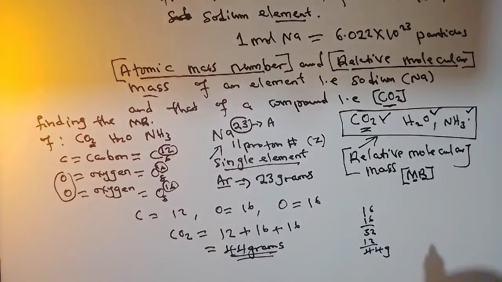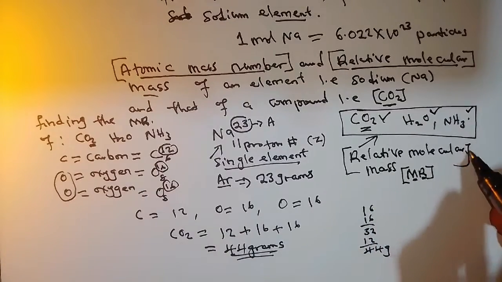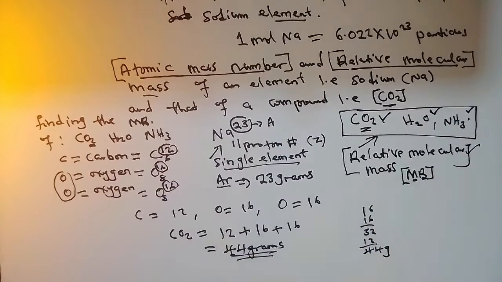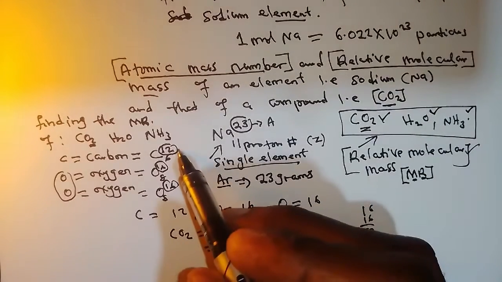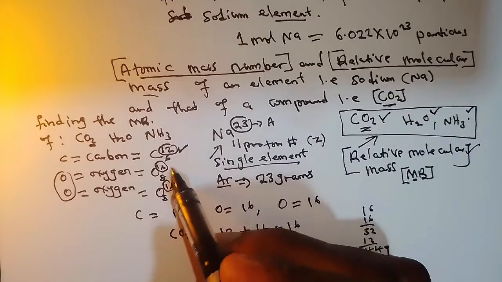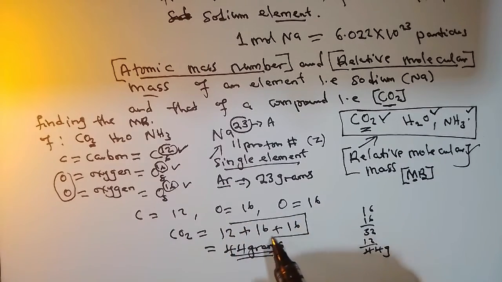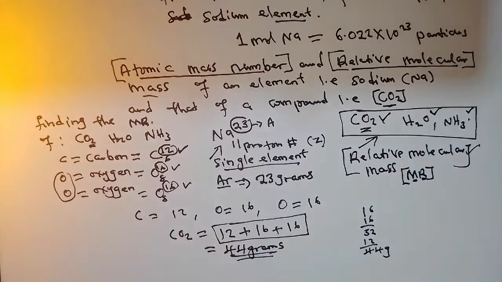Okay, so the way we have found the relative molecular mass is that you have to know the mass of the individual element in that compound, for example carbon, oxygen, oxygen, and then we add them together like that. So that's how you find the relative molecular mass of a substance.